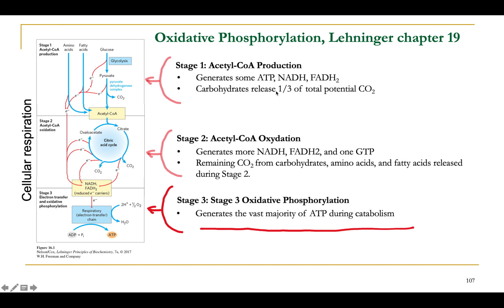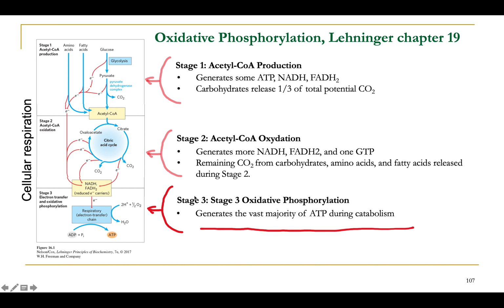Although the first and second steps produce some amount of useful cellular chemical energy in the ATP and GTP form, this is a byproduct rather than the main product. The main product is these standardized reduced electron transport carriers.